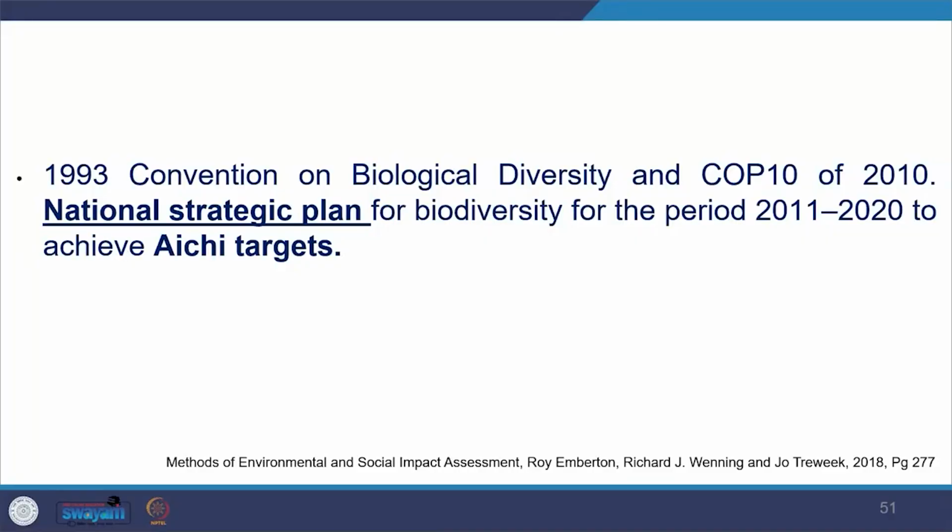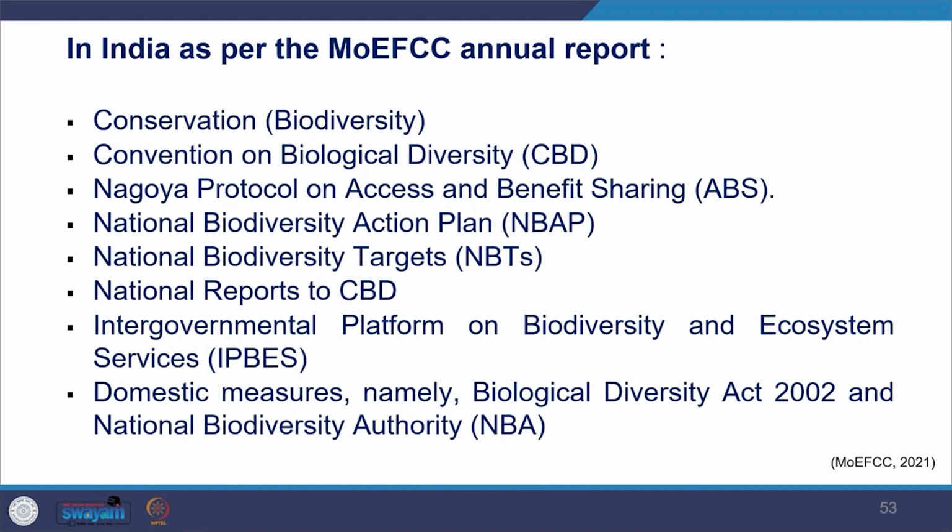We see that because of the Convention on Biological Diversity and COP10 of 2010, the signatory countries agreed to prepare a national strategic plan, and the national strategic plan would help us to attain key targets. In India, as per the MOEFCC annual reports, the areas of work dealt with in conservation of biodiversity are aligned with the conventions and related activities.